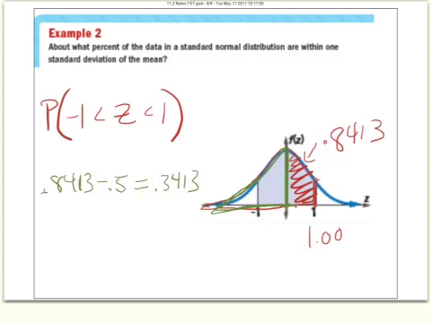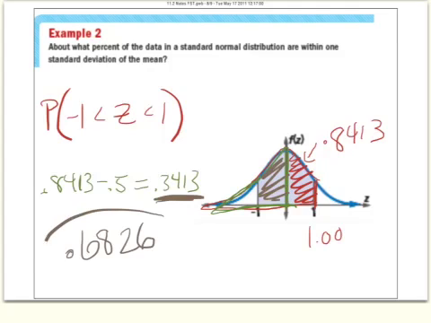Well, what do we know about this red section and this brown section? They're perfectly symmetric. They're reflections of each other. So just take this number here and double it or times it by 2. The area under this curve is 0.6826, or 68.26% of the data sits 1 standard deviation above or below the mean, which is a very important thing we're going to use later on in the chapter.